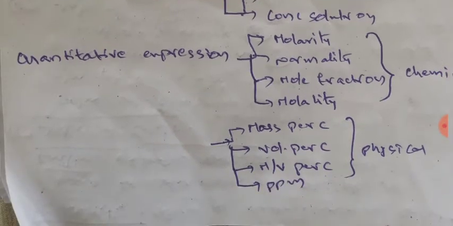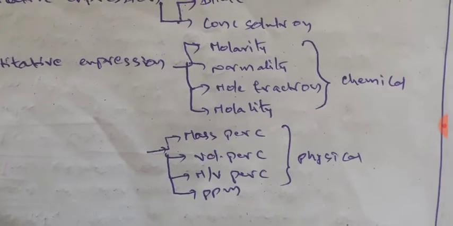The second expression is called quantitative expression. Quantitatively, we express the concentration of a particular solution as molarity, normality, mole fraction as well as molality. These are the four expressions which are purely chemical methods.